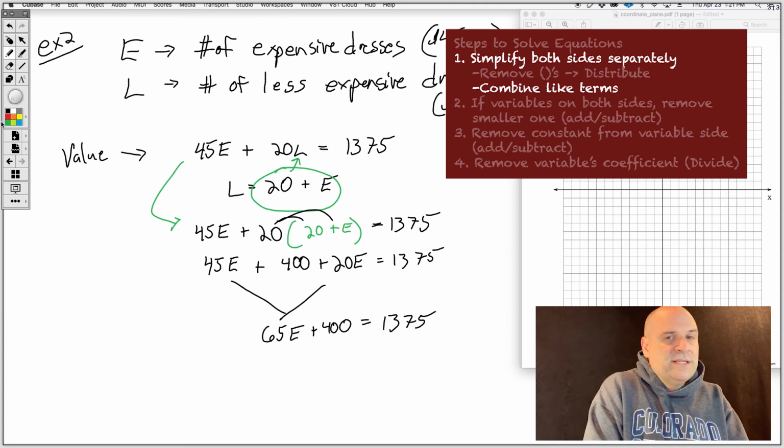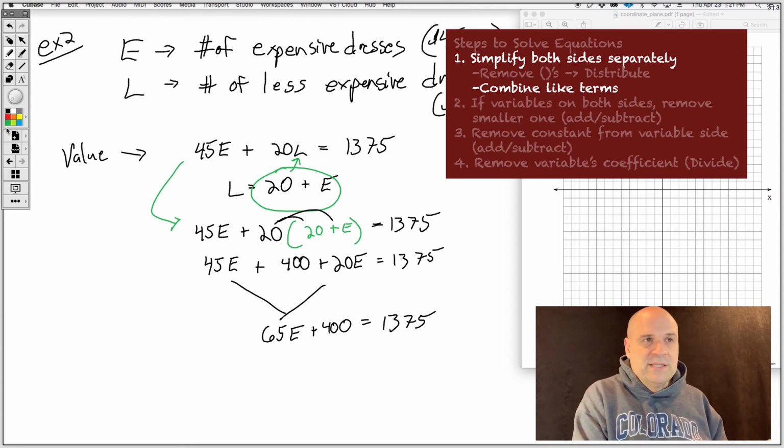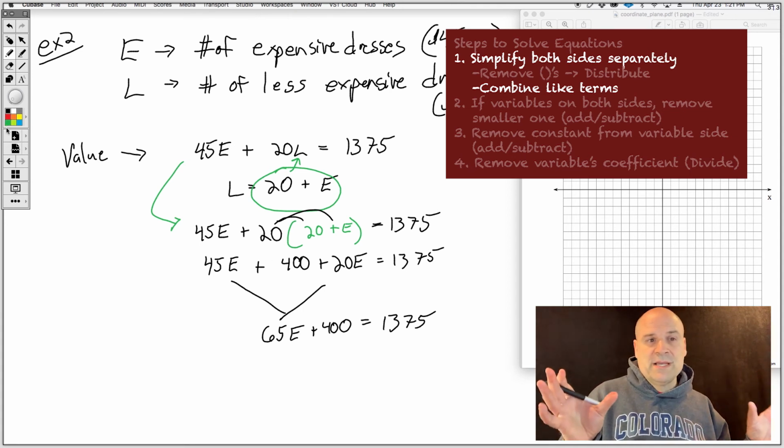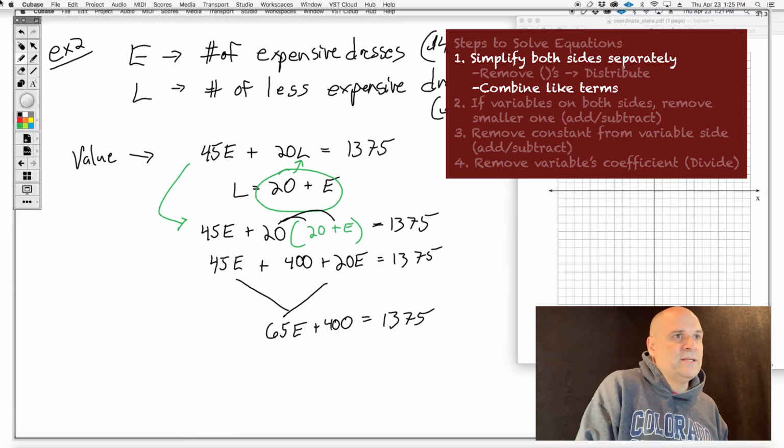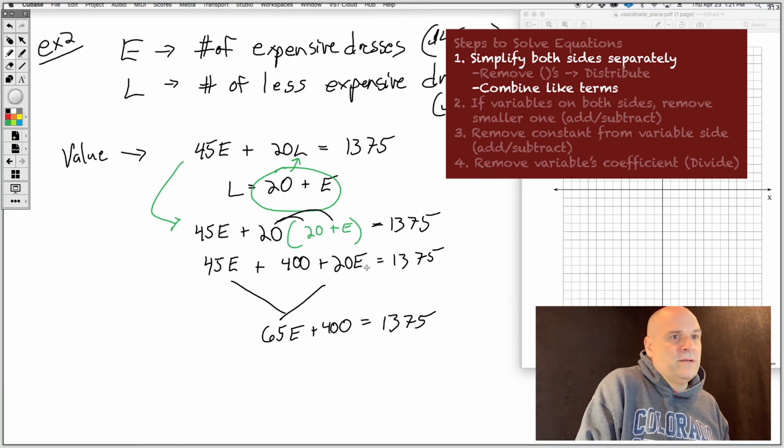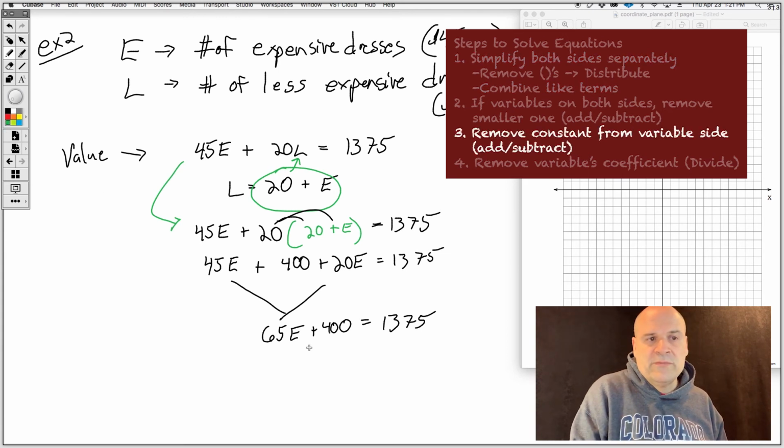The second step to solving equations is if you have variables on both sides, get rid of the smaller one. You don't. So let's go to the third step, which is get rid of the constant on the variable side. So get rid of that, and you're left with 65E equals 975.